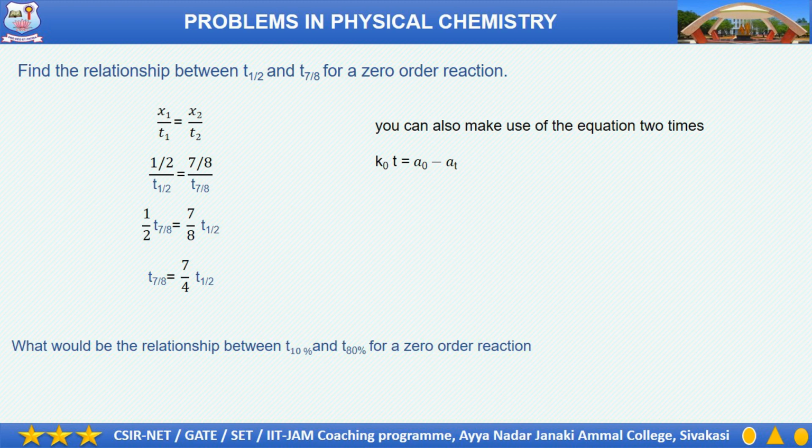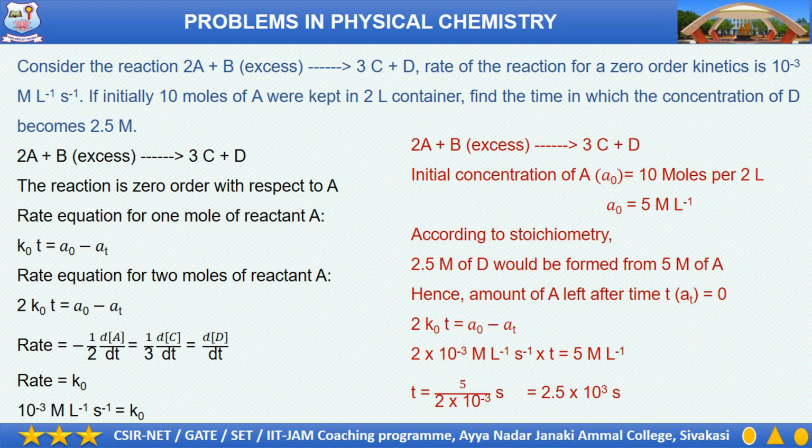The next type of problem we are going to see is: consider the reaction 2A plus B giving 3C plus D. This type of problem I think has so far not been asked, and B is in excess.